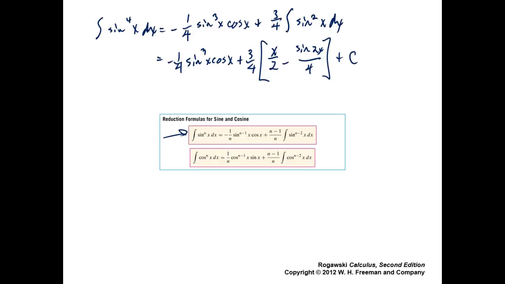So let's do it. Negative 1/4 sine cubed x cosine x plus, and what do you get there? 3/8 x minus, what's that?